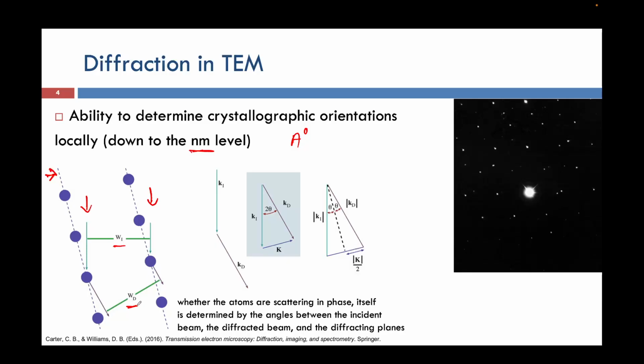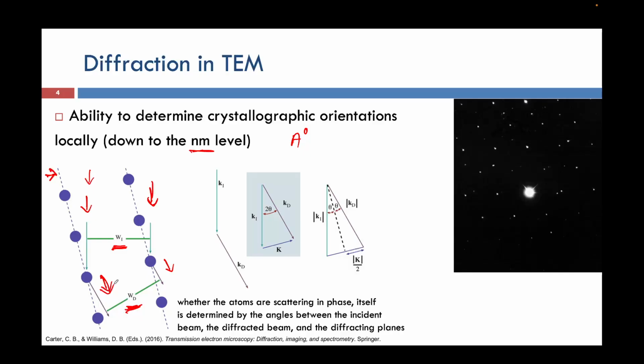My electron beam is coming in this direction, and then it gets deviated in this direction. The vector which turns the wi wavefront into the wd wavefront is known as the scattering vector, as we have discussed in X-ray diffraction.